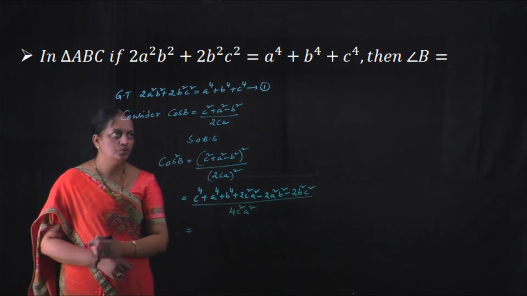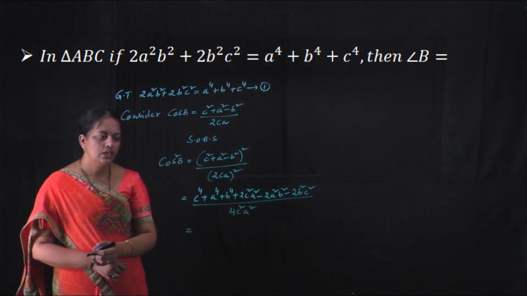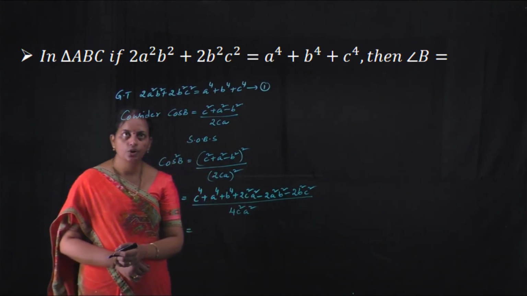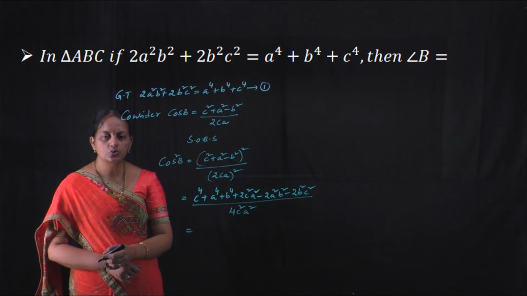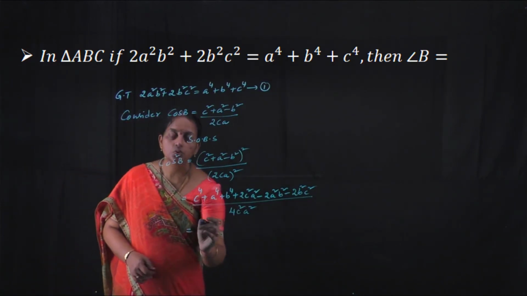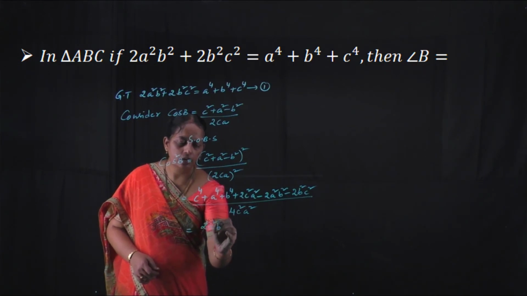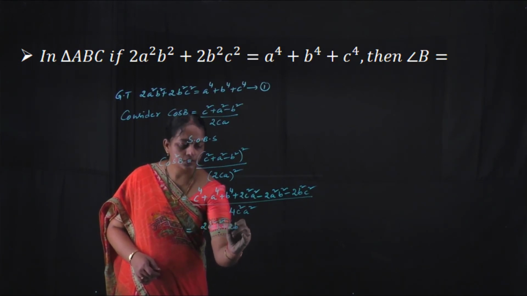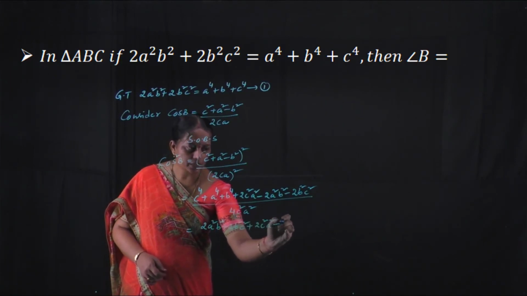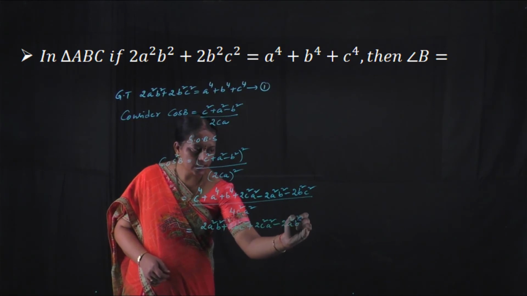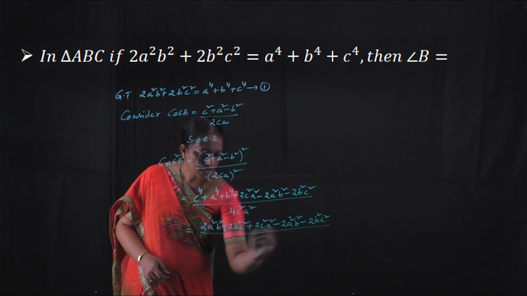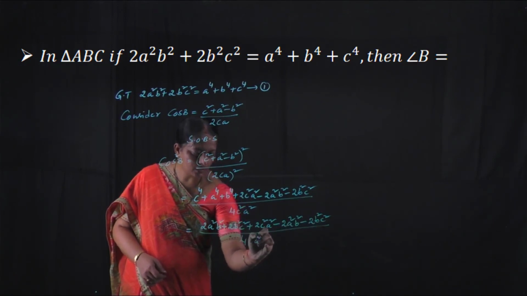Now it's time to use equation 1. What is that? a power 4 plus b power 4 plus c power 4 is equal to 2a square b square plus 2b square c square. By substituting that, we get 2a square b square plus 2b square c square plus 2c square a square minus 2a square b square minus 2b square c square by 4c square a square.